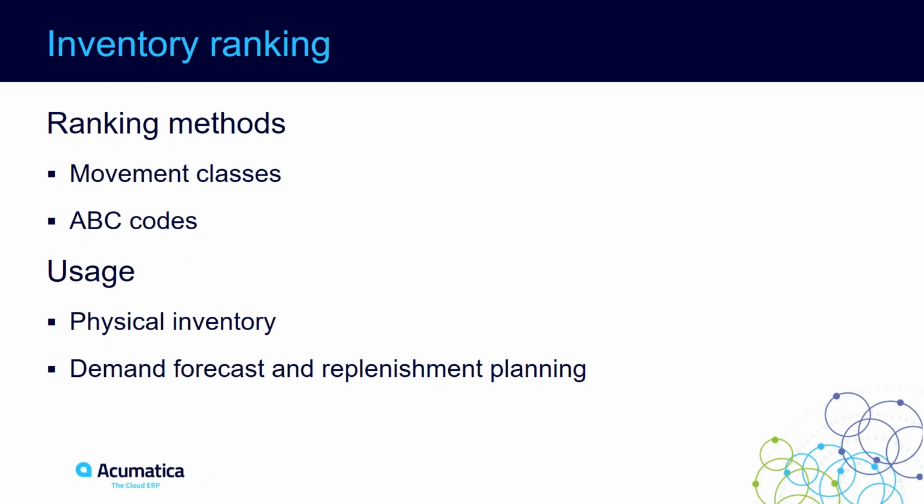Basically, we have two main concepts. One is the movement classes, and the other one is ABC codes. And we can use these ranking methods to do physical inventory based on those. And we can do demand forecast and replenishment planning based on these methods.